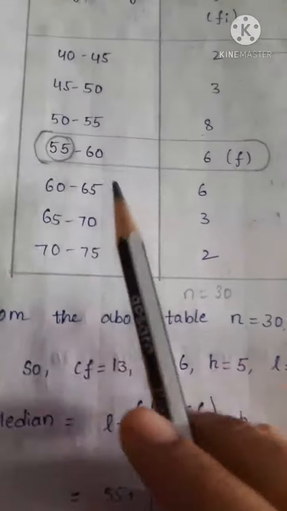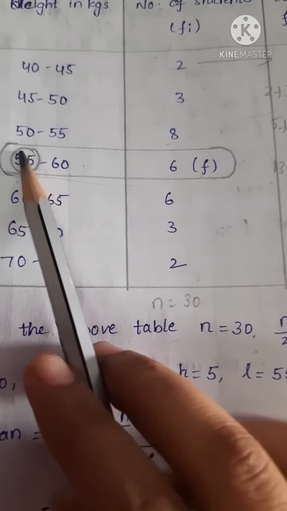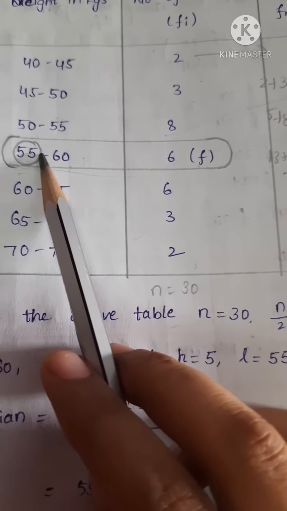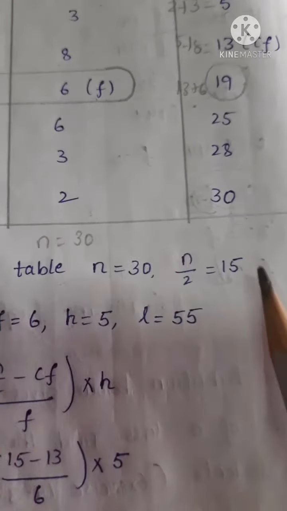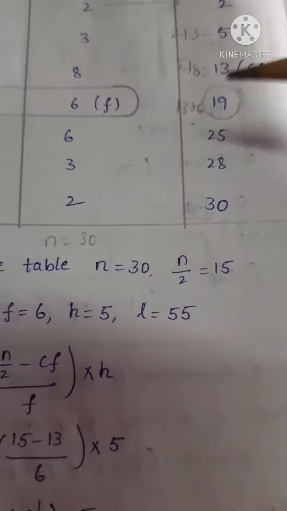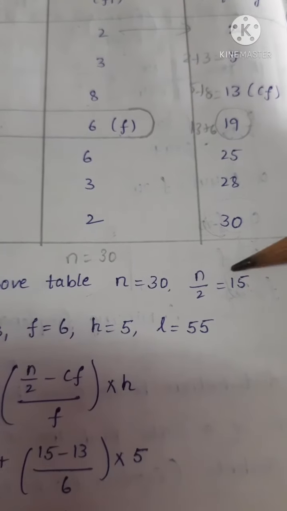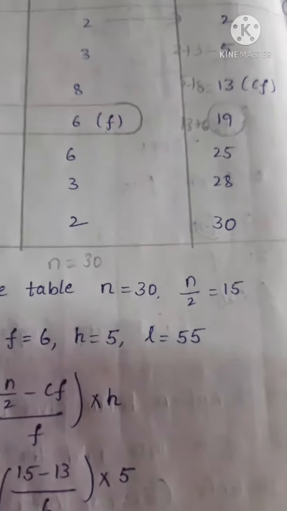In that median class, 55 to 60, the lower limit is called the L value. You have to remember this carefully. Once again I am explaining: n by 2 is 15, and for that 15 you look in the cumulative frequencies, and it is nearer to 19.